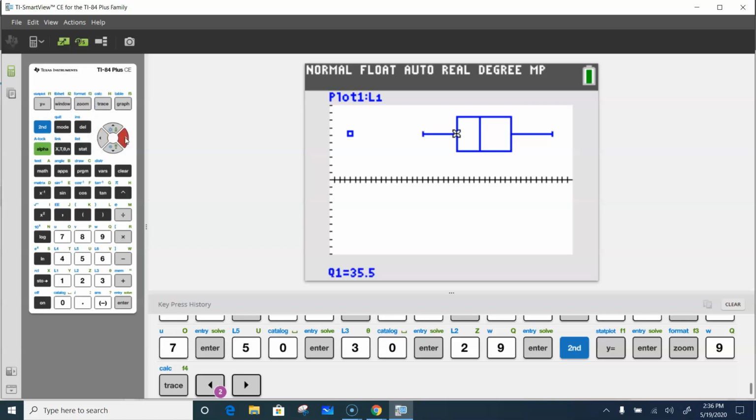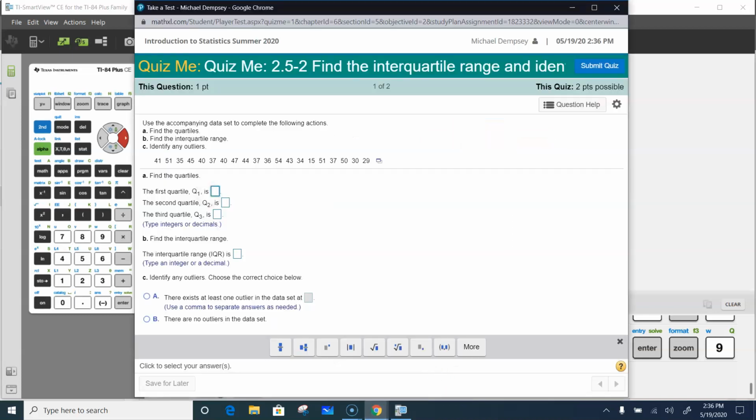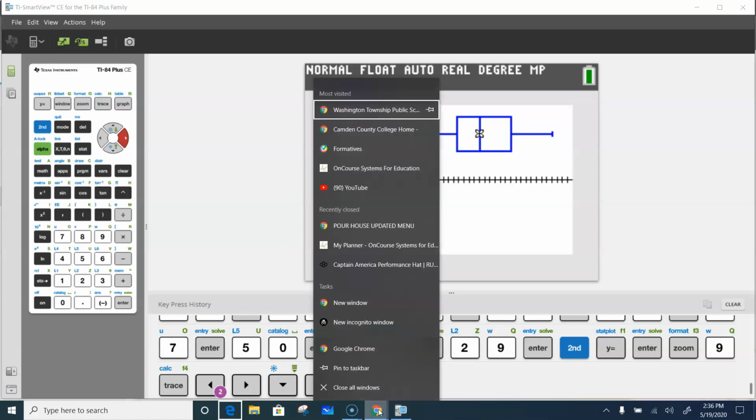Okay. So my first quartile, Q1, is 35.5. Q2, which is the median, we just arrow over to him, and he is at 40.